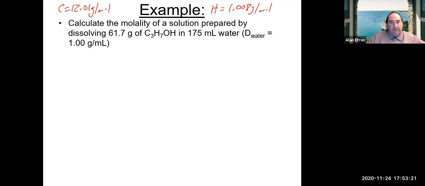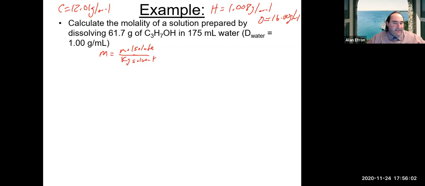And oxygen, looks like oxygen is 16. All right, take a couple minutes here and calculate the molality. So again, we're looking for the molality, not molarity here. So that is moles of solute per kilogram of solvent.